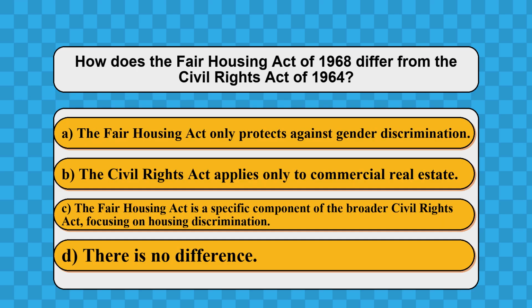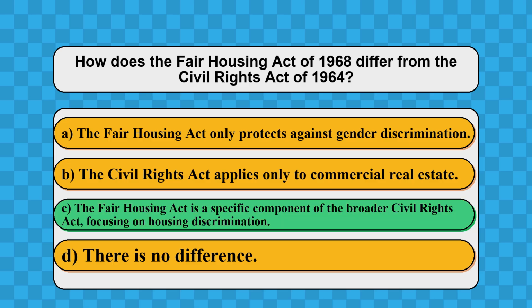Question 9. How does the Fair Housing Act of 1968 differ from the Civil Rights Act of 1964? Option A. The Fair Housing Act only protects against gender discrimination. Option B. The Civil Rights Act applies only to commercial real estate. Option C. The Fair Housing Act is a specific component of the broader Civil Rights Act, focusing on housing discrimination. Option D. There is no difference.